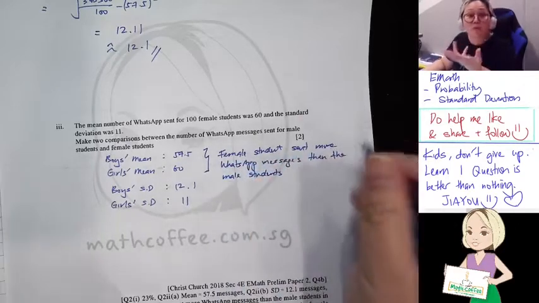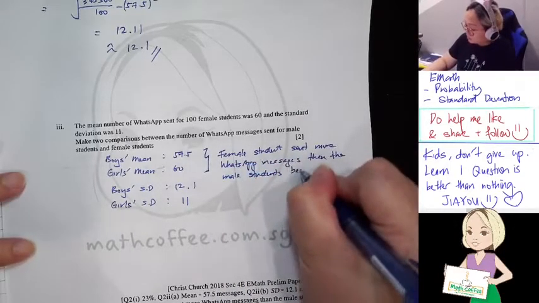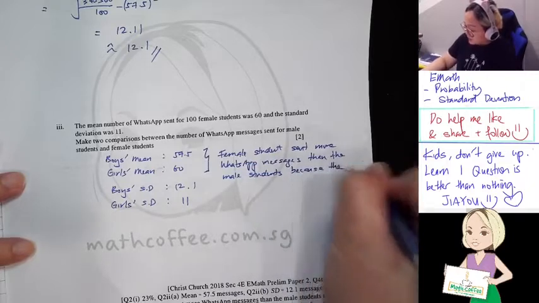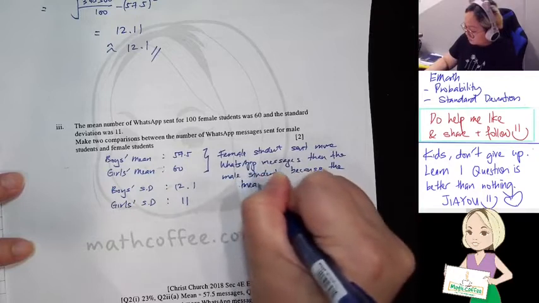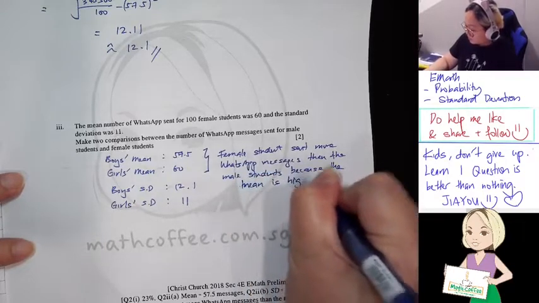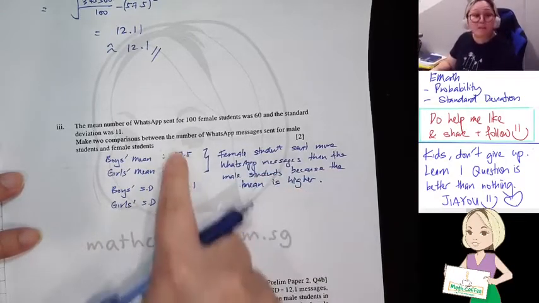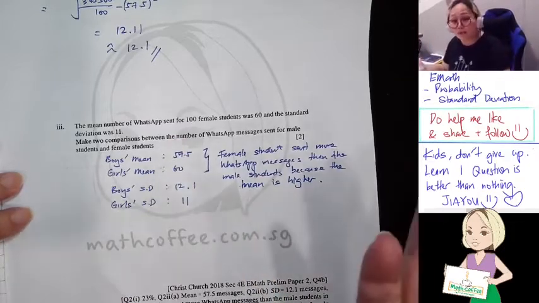And you must tell them why, right? It's because the mean is higher. This is based on the mean to give a comparison.